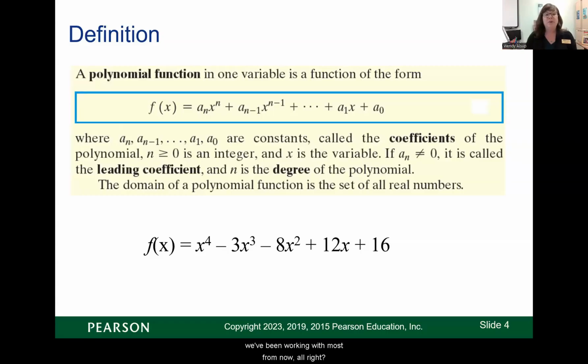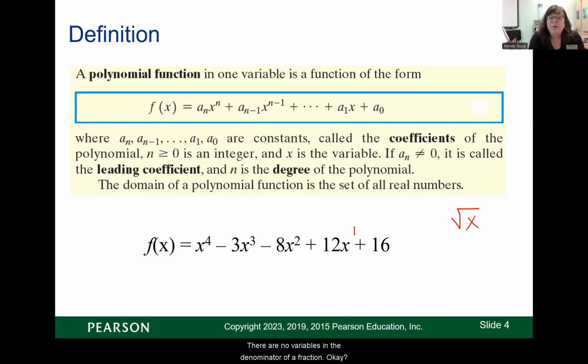All right, a polynomial function, if you look at this example down here, f of x equals x to the 4th minus 3x cubed. You'll notice a couple things. All of the variables are either to the first power or another whole number power, okay? There are no square roots of variables.